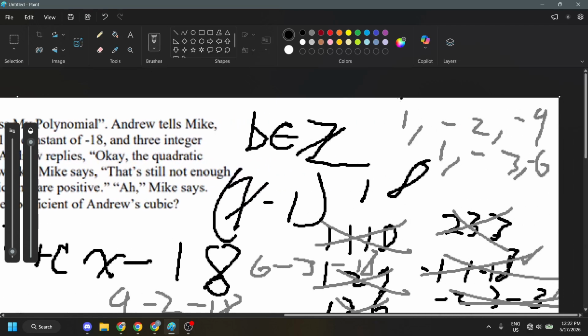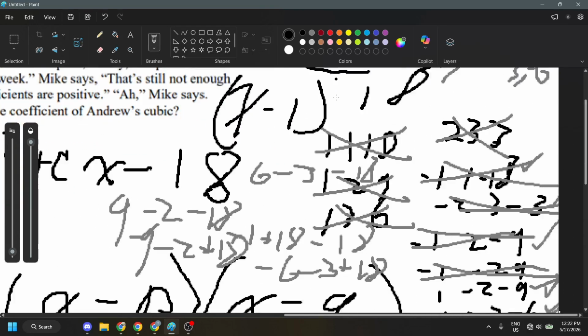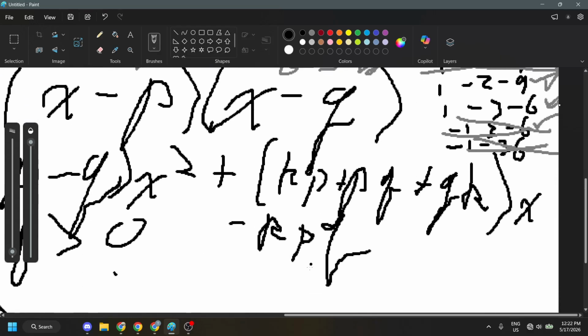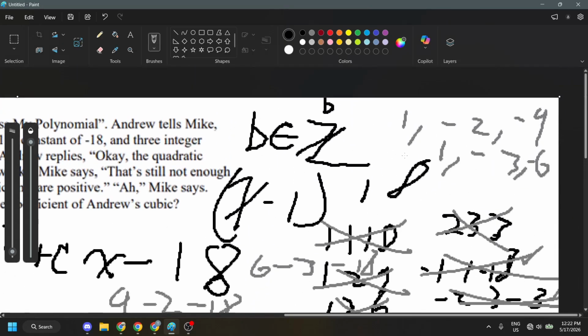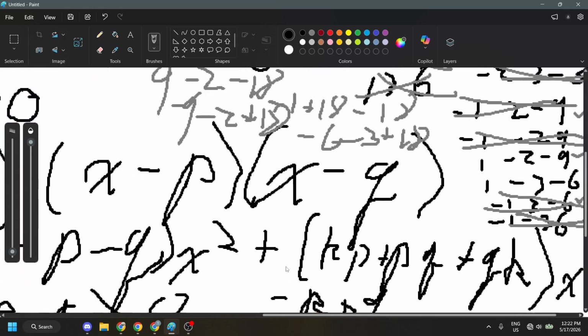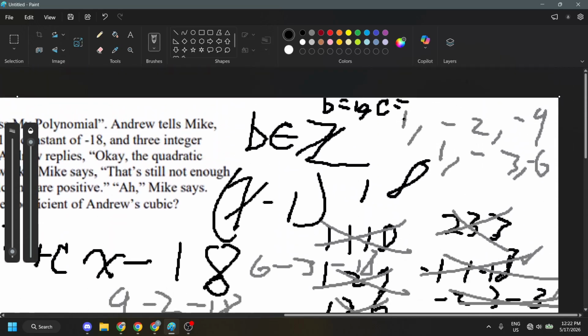So with this one, b is 11 minus 1, c is equal to negative 2, negative 9, plus 18, so 7.